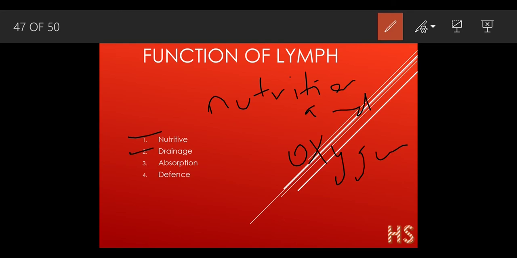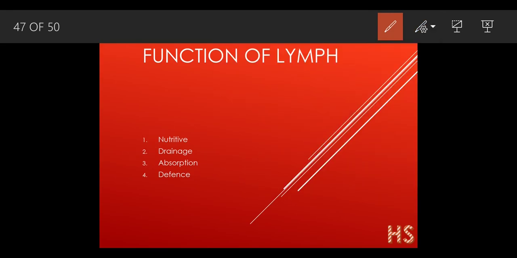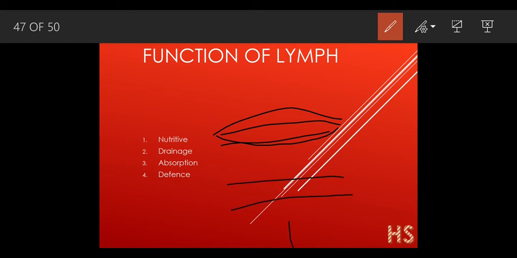And the drainage part also. Drain means to move out. When there is an excessive amount of tissue fluid and metabolic products, they return the proteins to the blood from the tissue space. I mean to say like this. Drainage, these are the capillaries and these are the lymph channels.